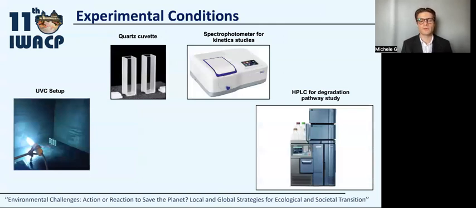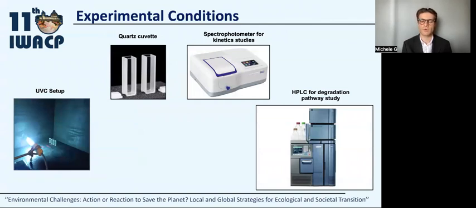For the experimental conditions, all experiments were run in a photochemical cabinet, which was maintained at 20 degrees Celsius and equipped with a UVC irradiation system, as can be seen on the bottom left figure.